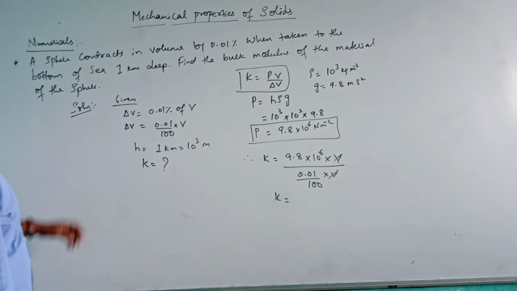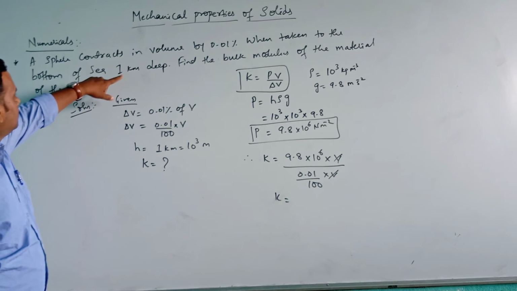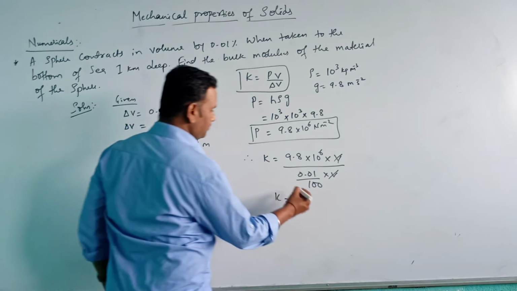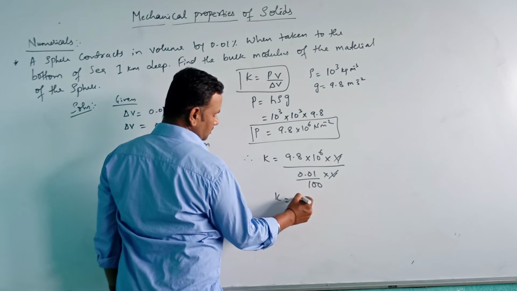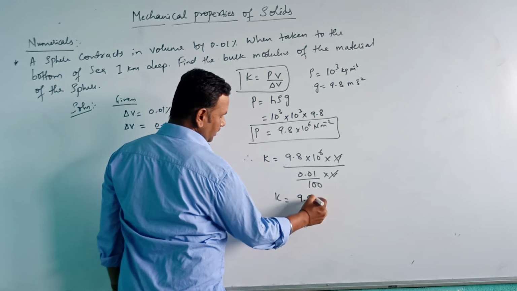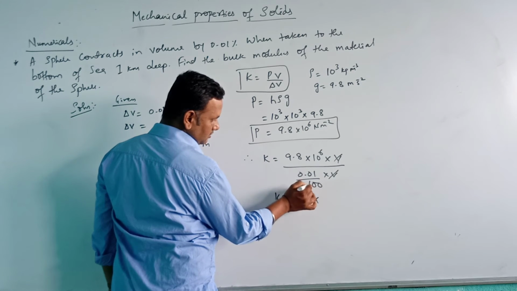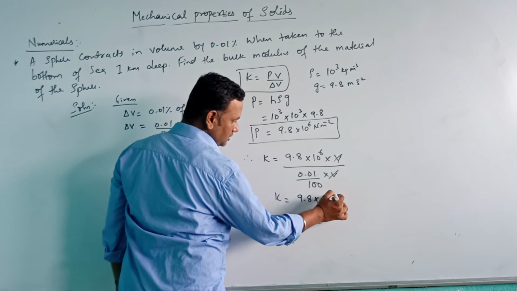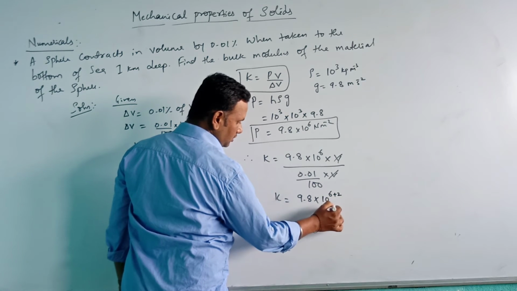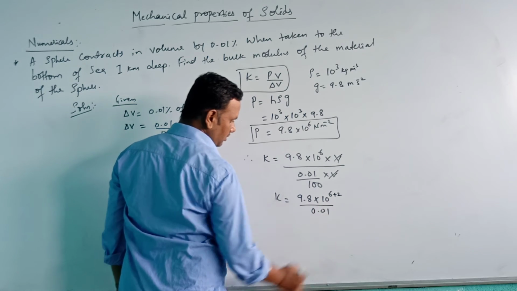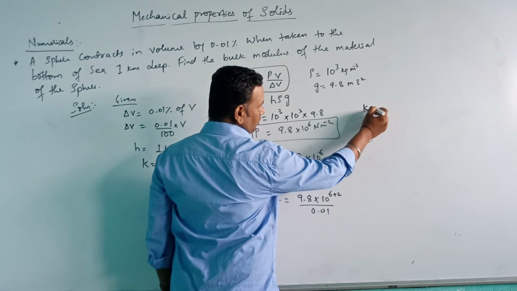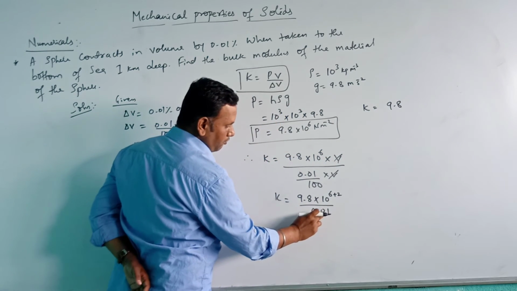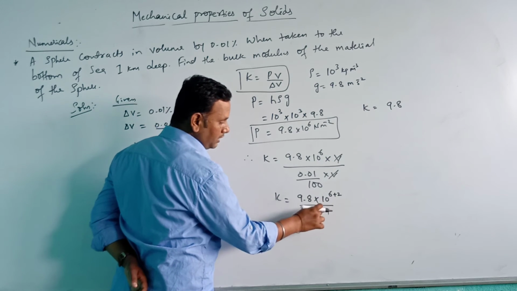Now we have to find out the bulk modulus here. So 9.8 into 10 to the power of 6, plus these two zeros, plus 2, divided by 0.01. Also we can write K equal to 9.8, and 0.01 means 1 divided by 100.